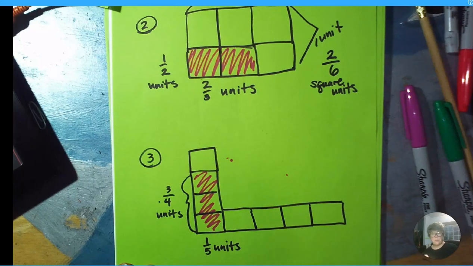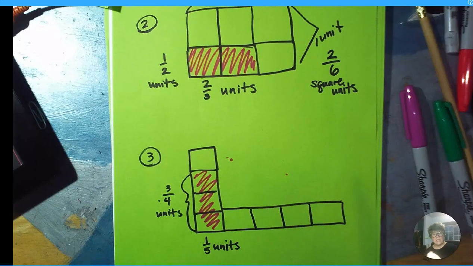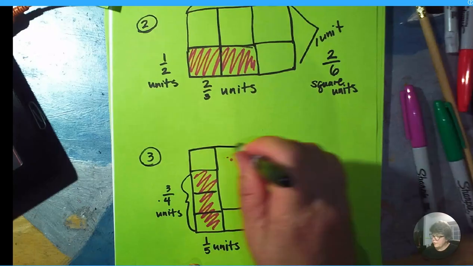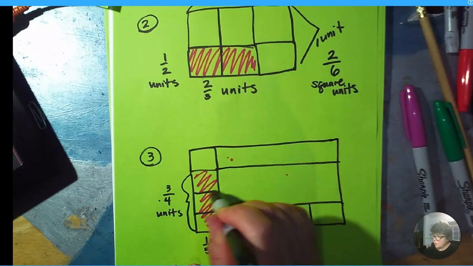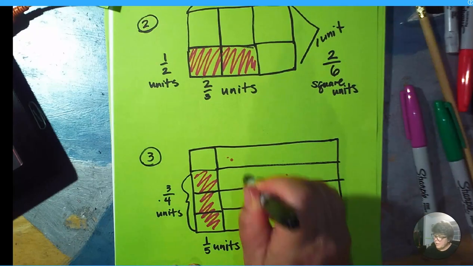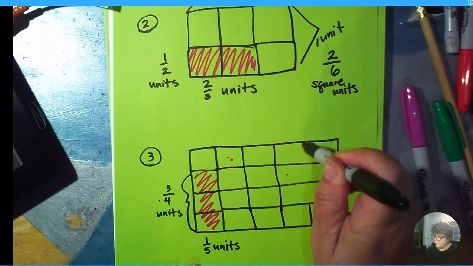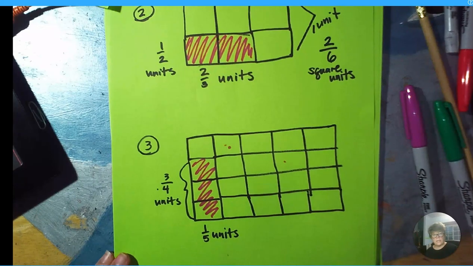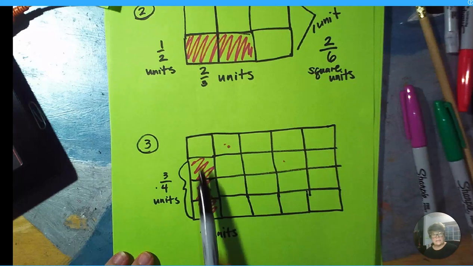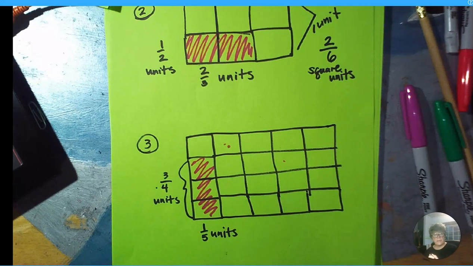Okay, so step 1 is to complete my fractions in both directions, and step 2 is to finish my square, because this is not a square. So I'm going to square it up here, and then just draw my lines going all the way across and all the way up. Okay? And then step 3 is to see, well, what is the area of my section that I have based on the total number of pieces?